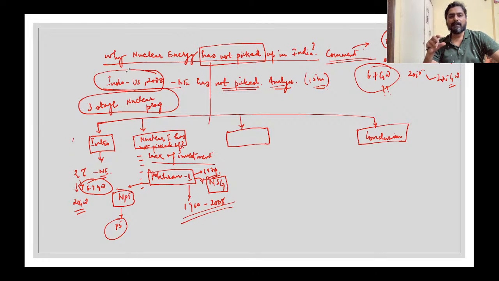But what happened is that India got the waiver, but India had some liability clause. So are you aware of these liability clause issues in India's nuclear program, or India's Indo-US nuclear deal? India came up with a law, the CLND law. I hope you are aware about these things.